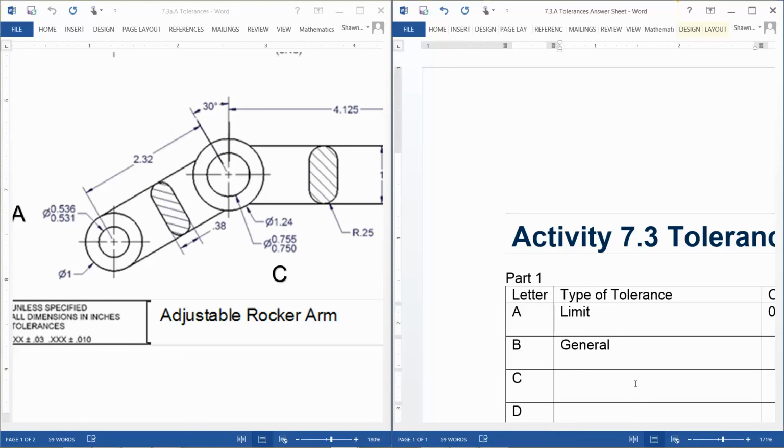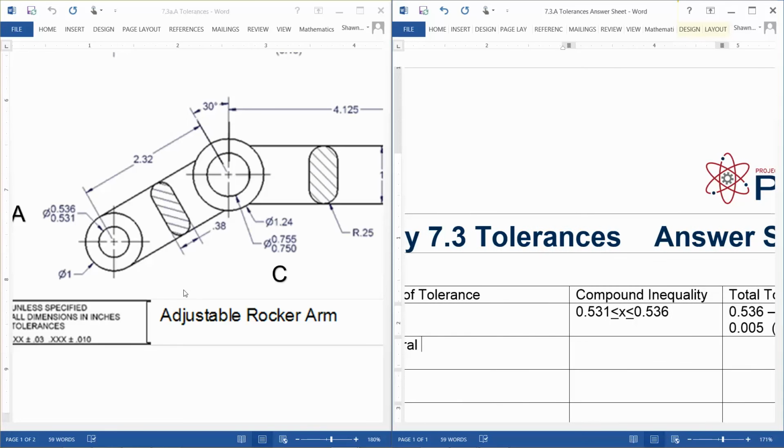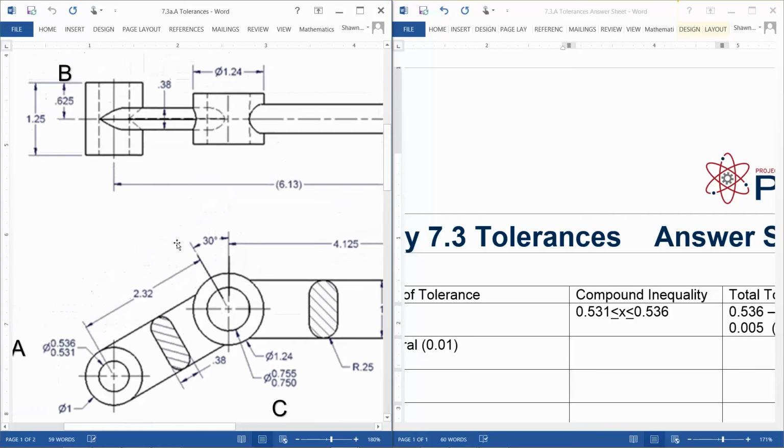So let's go back over here now and look at our compound inequality. That's 0.01. I'm going to forget that, so I'm just going to type it right here. I'll delete this later. I'm just writing it there so I don't forget it. So 0.625, well, that's going to be the middle of the range.